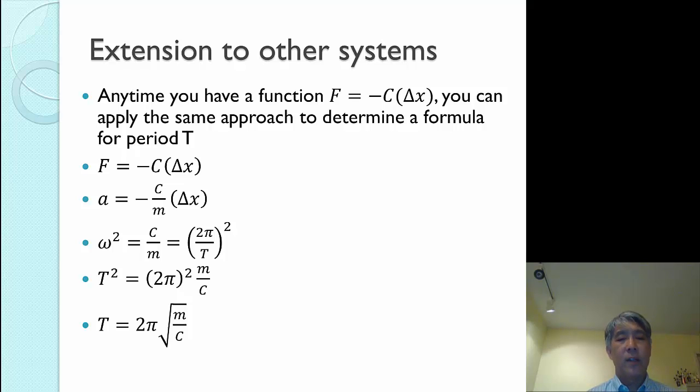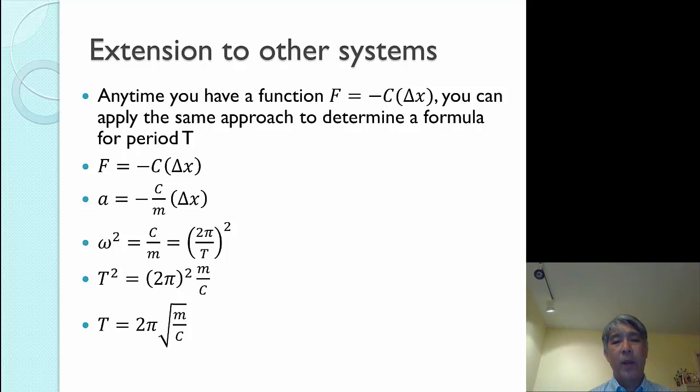Omega squared is set to that constant in front of the delta x, and that's 2 pi over T quantity squared. Then solving for T, I'll find an equation that says the period of this simple harmonic motion system is 2 pi times the square root of the mass of the object divided by that constant c.